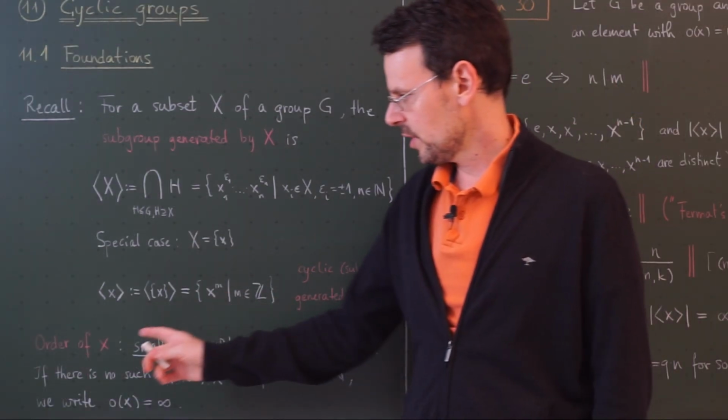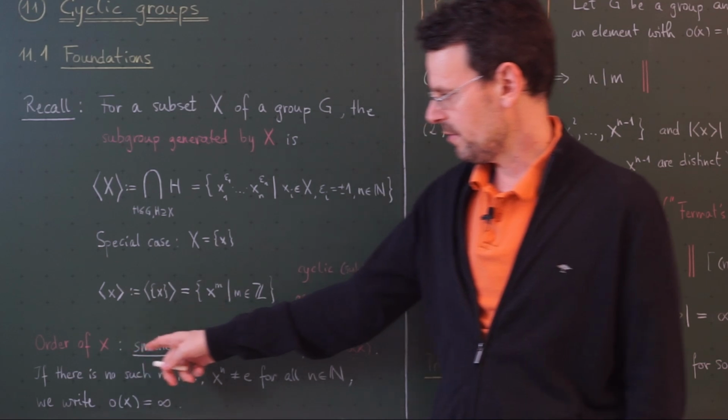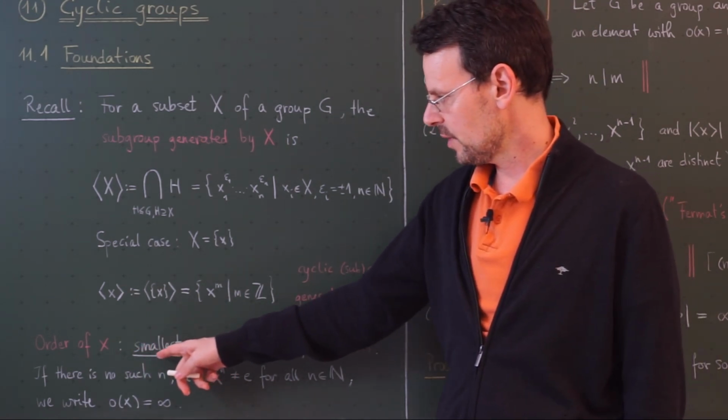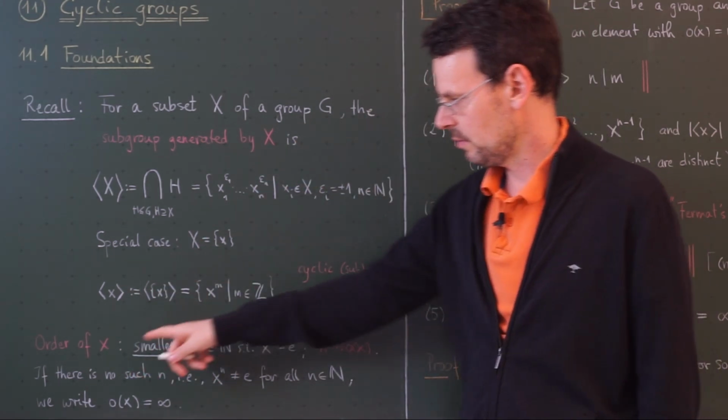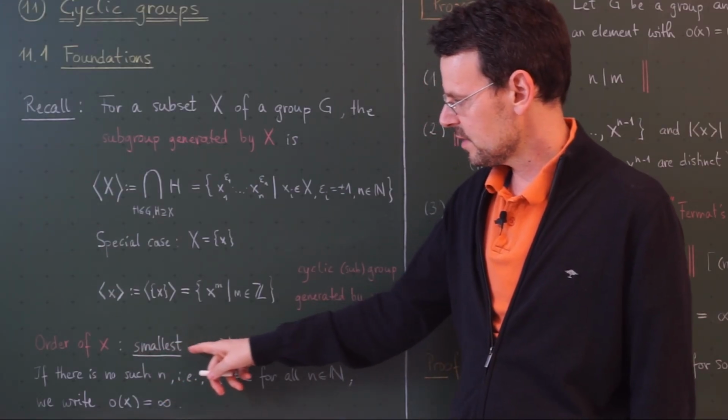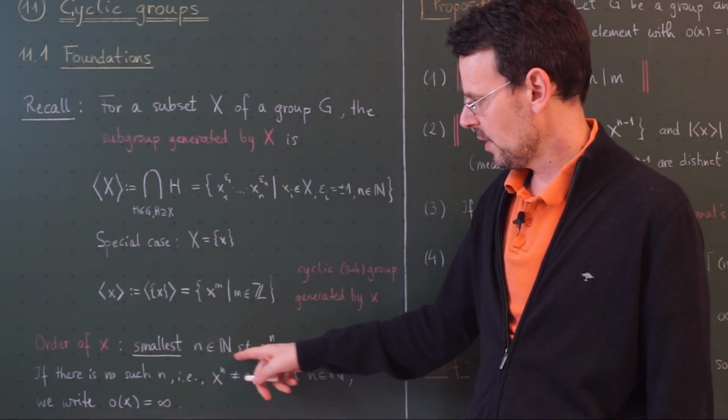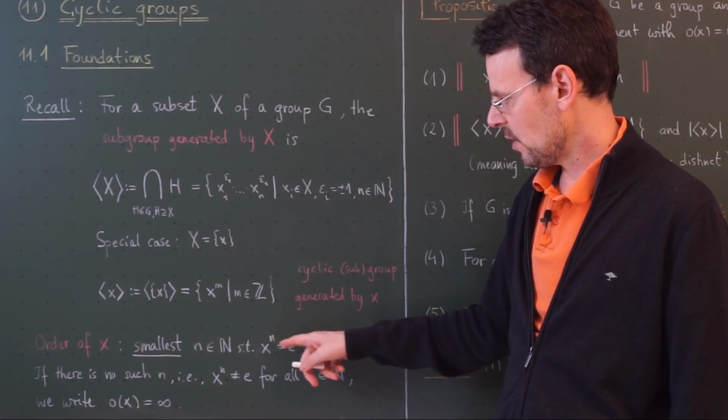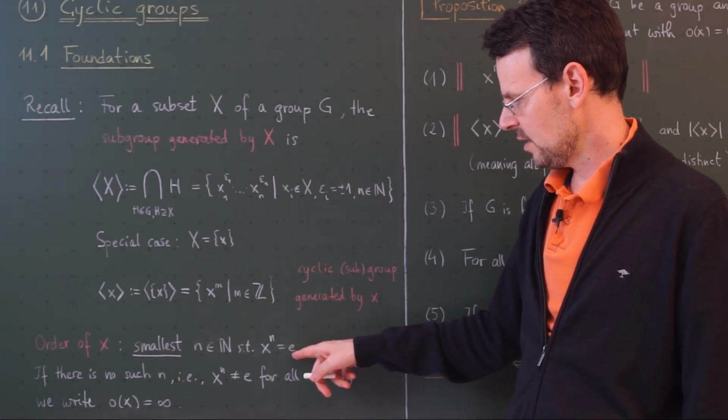So another notion that we already know is the order of an element. The order is, of course, x is an element of the group G again. This is the smallest natural number such that x to the power of n is the identity of the group.